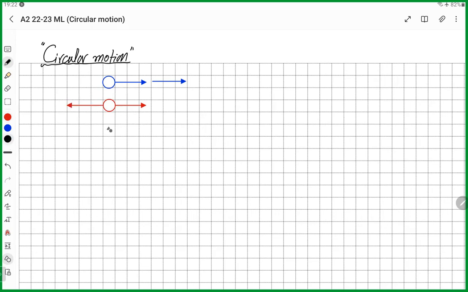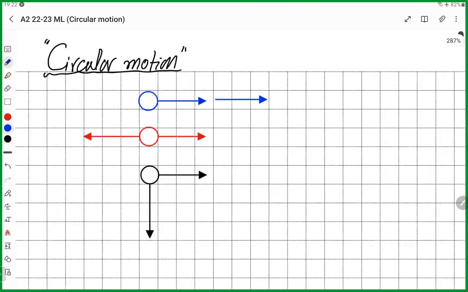And there is the third case. This is the object. This is the direction of velocity, and instead it is engaged by a force perpendicular to the direction of velocity. So what will happen in case 1, case 2, and case 3?